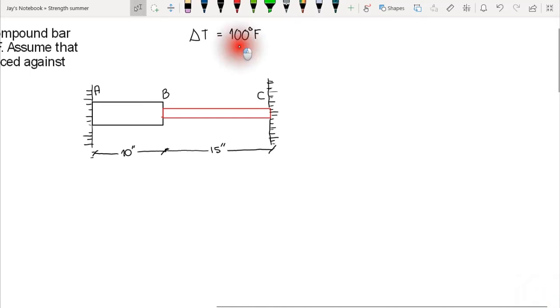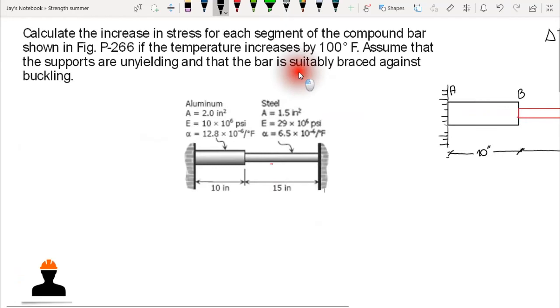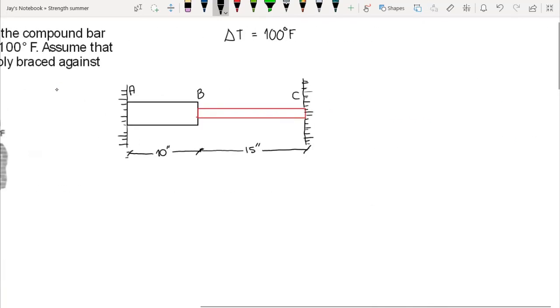Due to the high temperature, our aluminum and steel bars would tend to expand, correct? However, from the problem, our bar is suitably braced against buckling, and at the same time our bars are restrained at both ends.